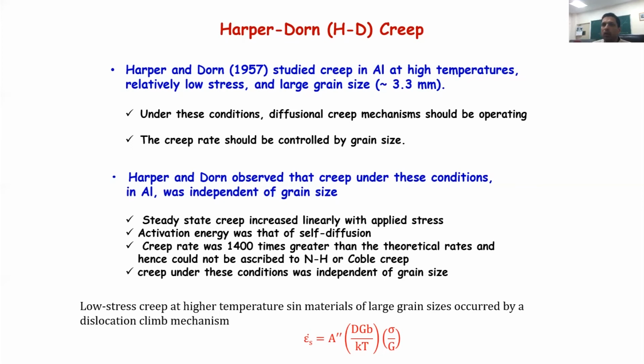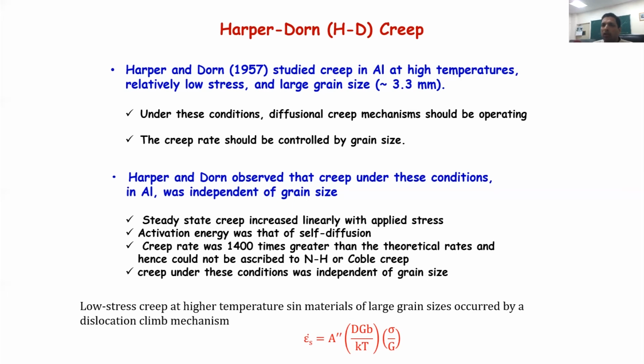However, what Harper and Dorn observed was something different. They found that steady state creep increased linearly with applied stress. Activation energy for this creep rate was that of self-diffusion. It was not that of Nabarro-Herring or Coble creep.